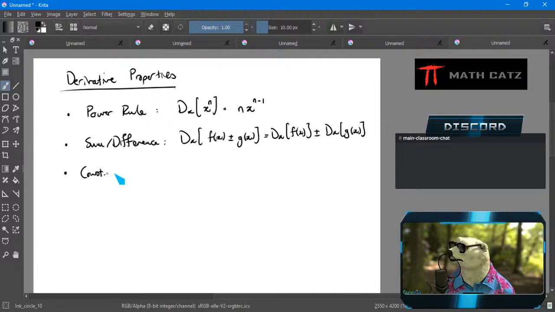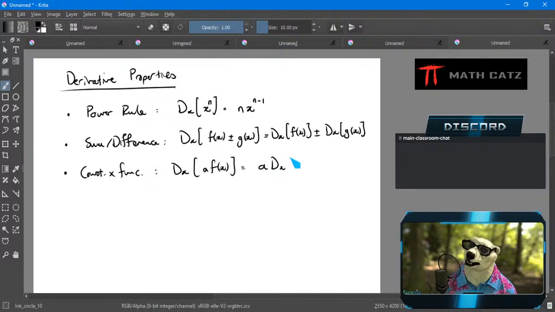Then I have a constant times a function property, where if I have some numbers floating around being multiplied to things with x's in them, or the variable, then I can just put those in front and focus on the essence of the function. That is a very, very nice property, that I can strip away all the fluff around the essence, where the variable is, and focus on that instead, in the process of trying to isolate something like x to the n, of course.